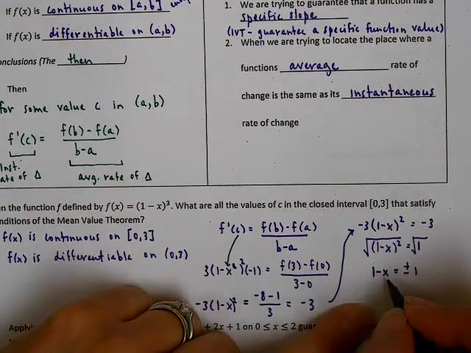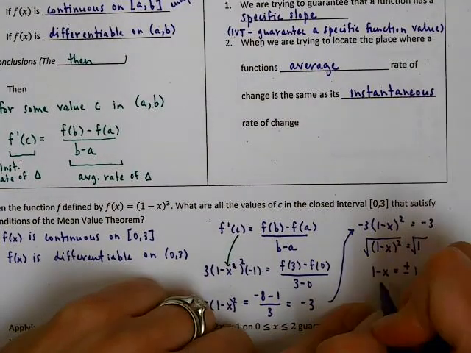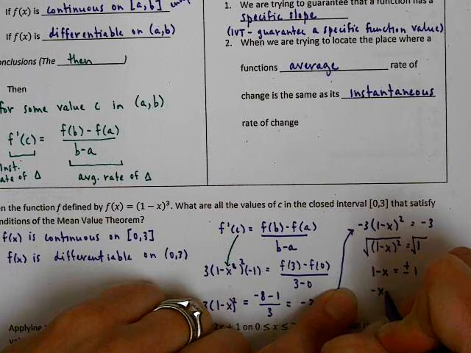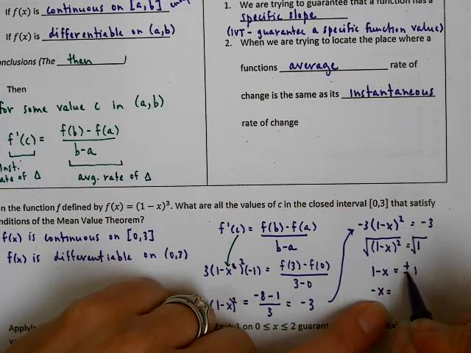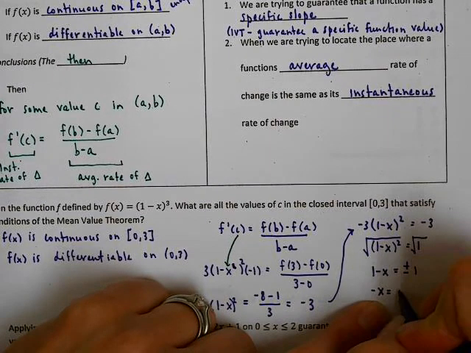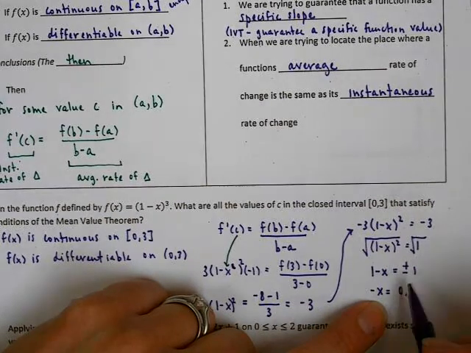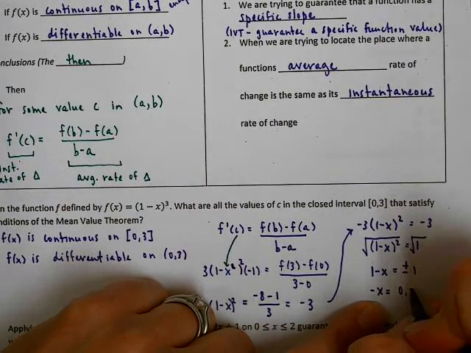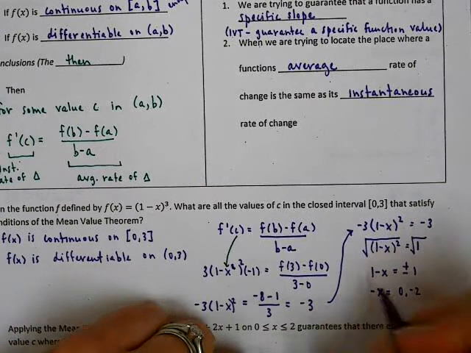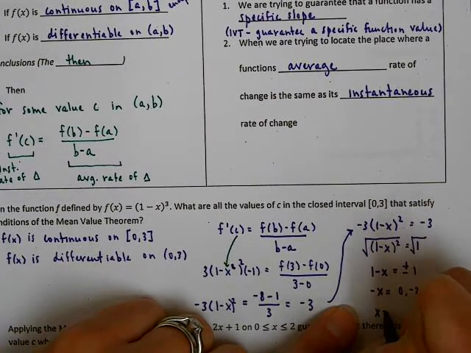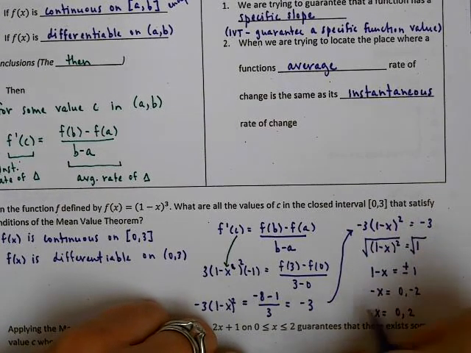So now when I subtract 1, I have negative x equals, if I subtract 1 from positive 1, I'm going to get 0. If I subtract 1 from a negative 1, I'm going to get negative 2. Now when I divide by a negative 1, I'm going to get x equals 0 or 2.